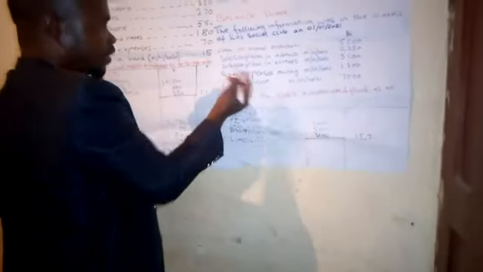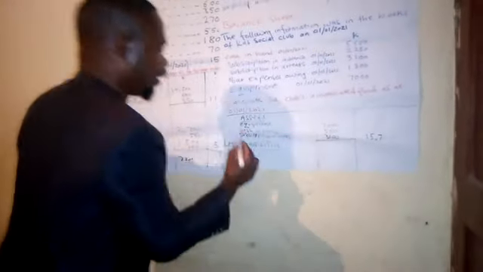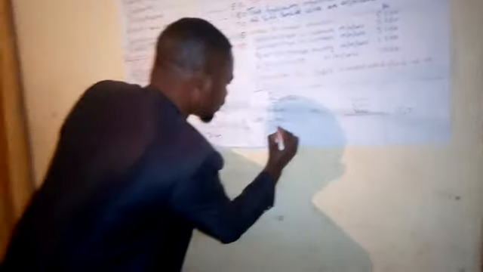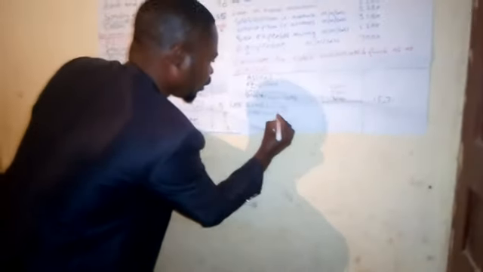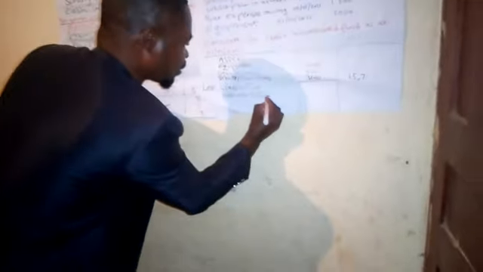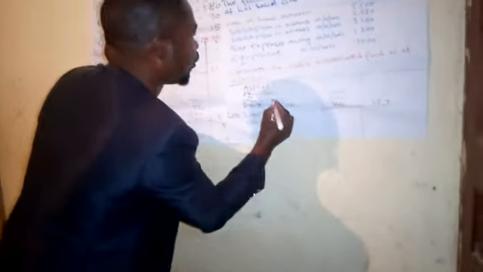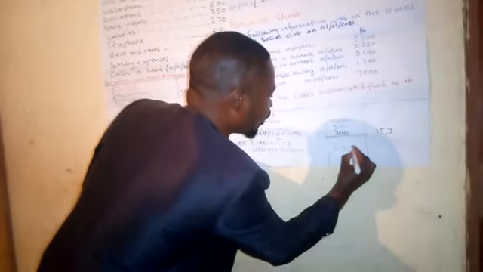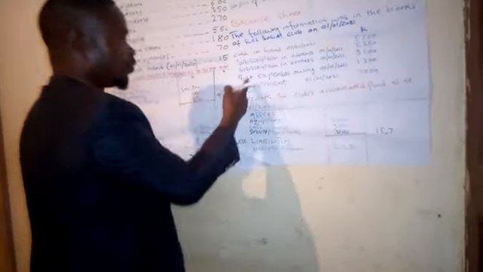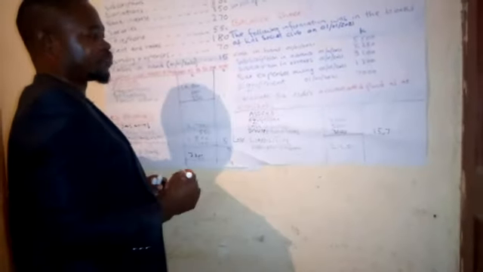So for liabilities, okay, we have, as I explained, we have subscription in advance. Subscription in advance, okay, which is 2,250.